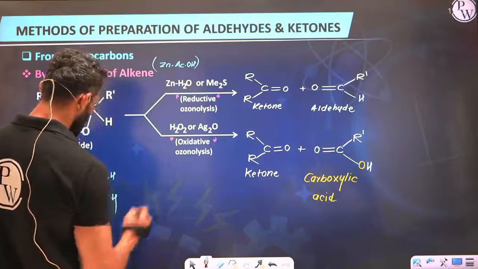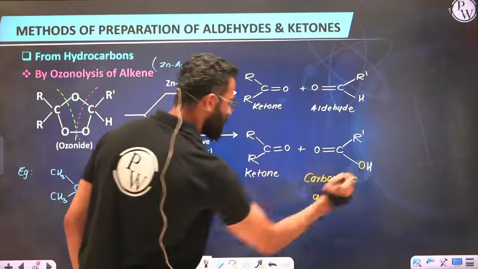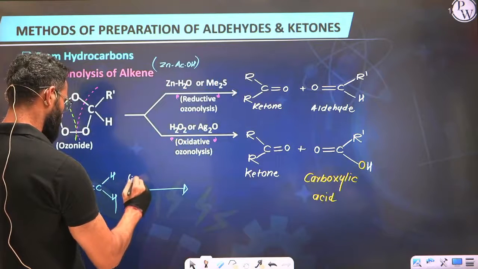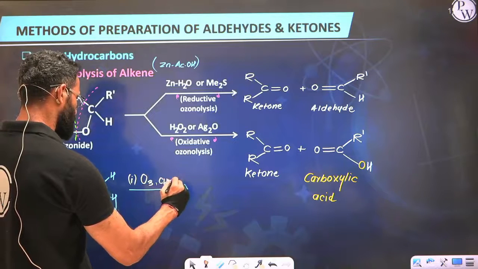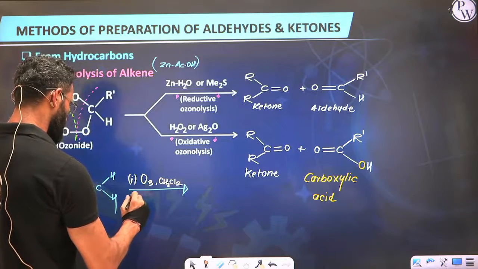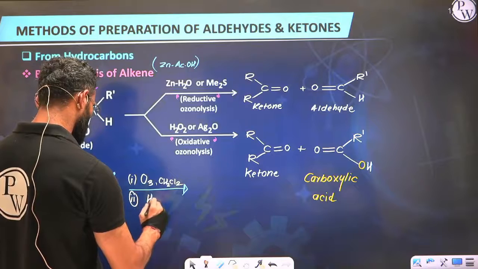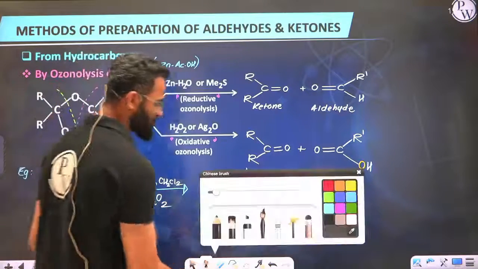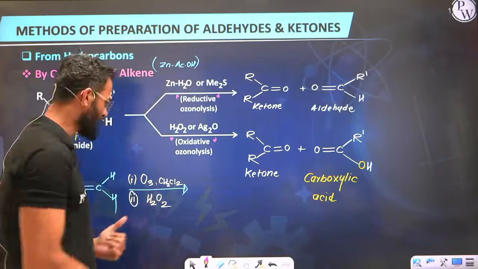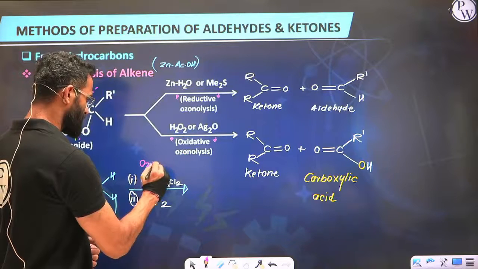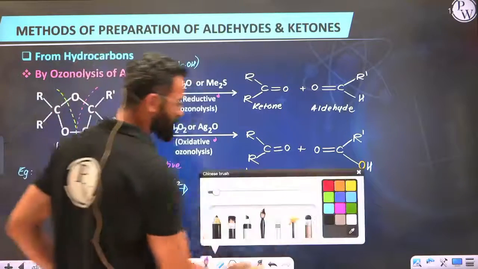And if they are saying on arrow, let's say we have got O3 in presence of CH2Cl2, and second, followed by, let's say, H2O2. First of all, the moment you see that ozone is mentioned, which means they're talking about ozonolysis, and H2O2 meaning they're talking about oxidative ozonolysis. So how are we going to write down our product? We don't have to write down the entire mechanism.